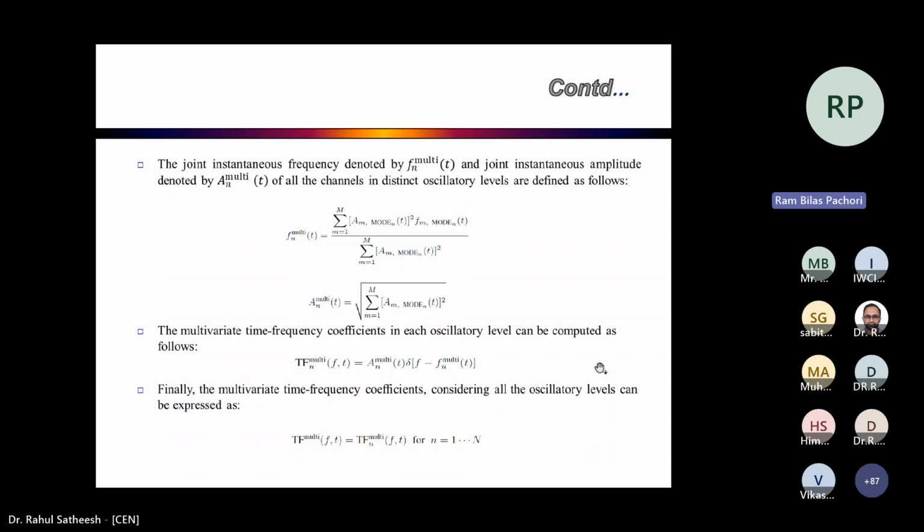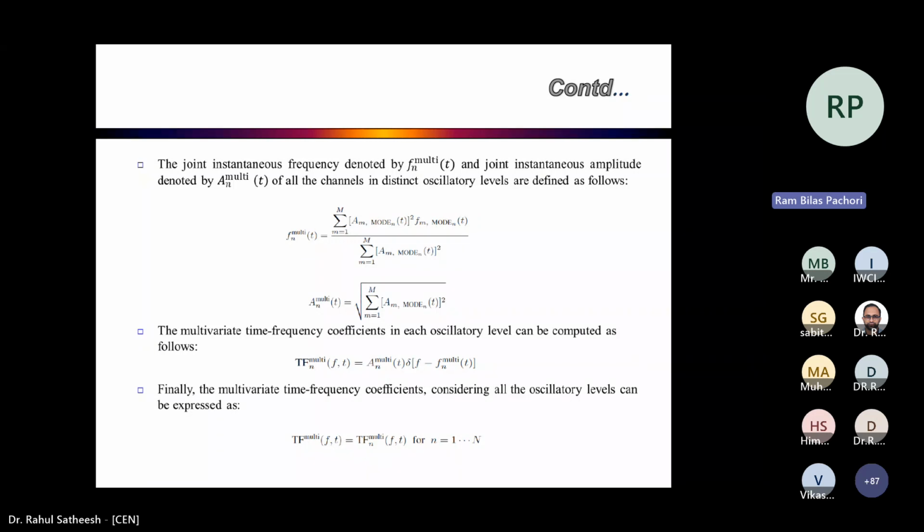Once you have instantaneous amplitude and frequency for each mode of all EEG signals, we determine the joint instantaneous frequency and joint instantaneous amplitude. Mathematically, they are expressed by the following formulas, and this is for distinct oscillatory levels, like a particular phase. For this particular mode, from all channels we get the joint instantaneous frequency and joint instantaneous amplitude.